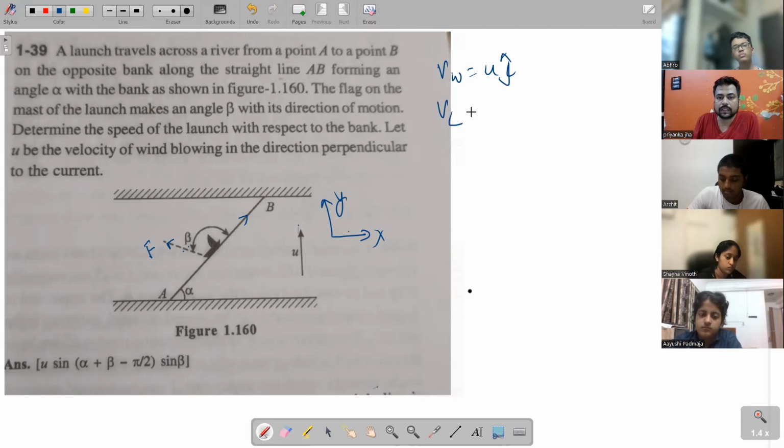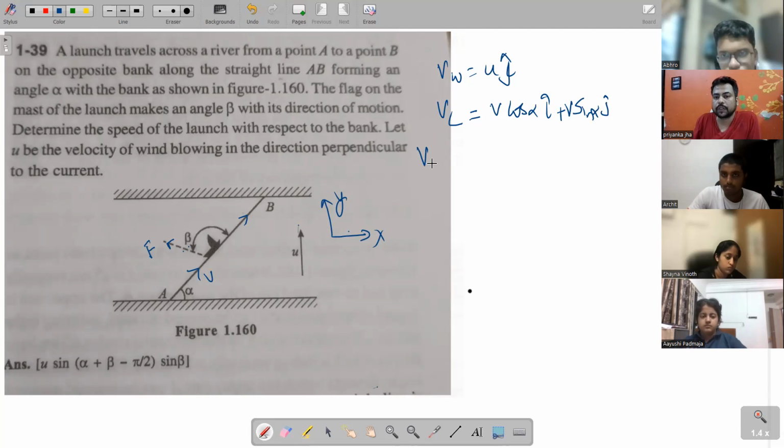The speed of launch that you have to determine, suppose this is v. So the velocity of launch is v cos alpha i plus v sin alpha j.